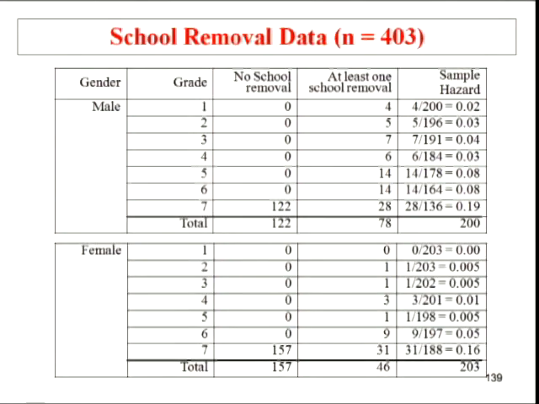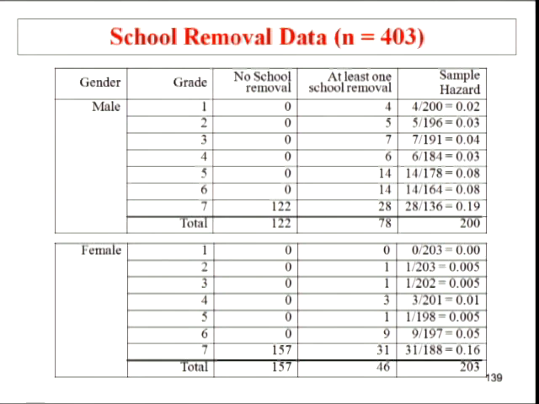So in grade 1, we have 4 school removals. So we start out with 200 children, and 4 out of the 200 experience a school removal, which means that we have a 2% sample hazard. So the hazard is 2%.